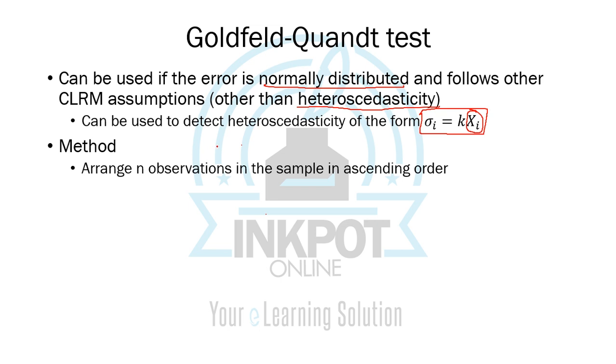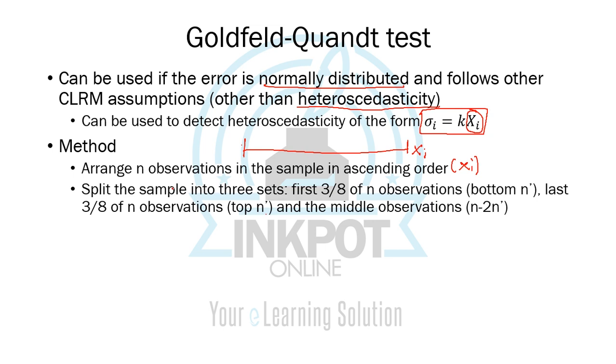The method is that you first arrange the n observations in the sample in ascending order, and when I say observation, in the sense that we're talking in terms of xi's. So let's say this xi is given to me and I assume that there are n observations. So what I'll do is I'll split the sample into three sets.